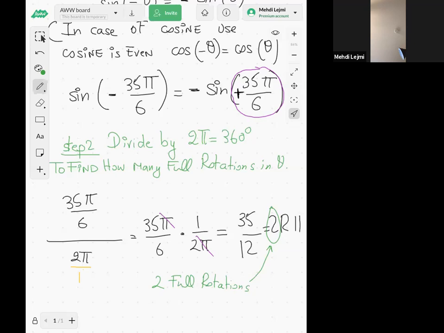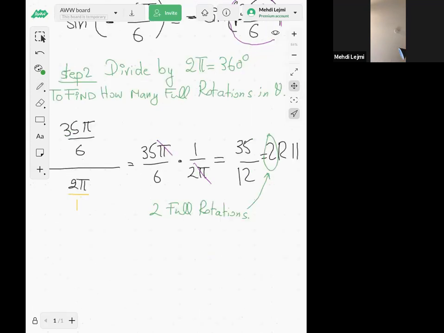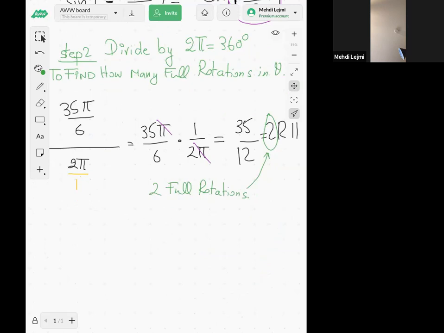Okay, so now in the next step, I'm going to subtract that number of full rotations from my angle, because it doesn't change the value of my sine. So in this next step, step 3, subtract that number of full rotations from theta.